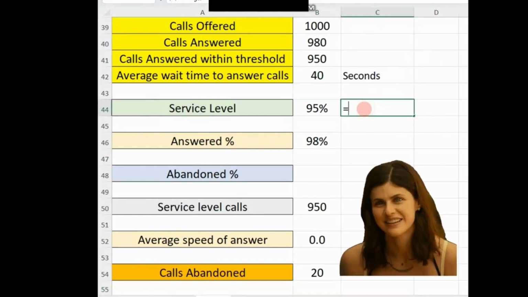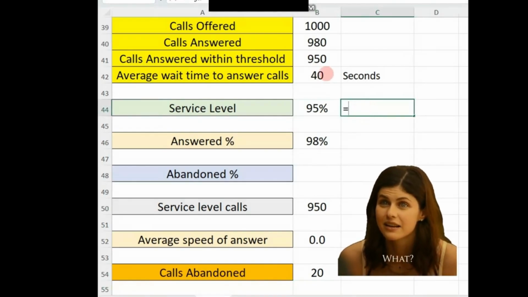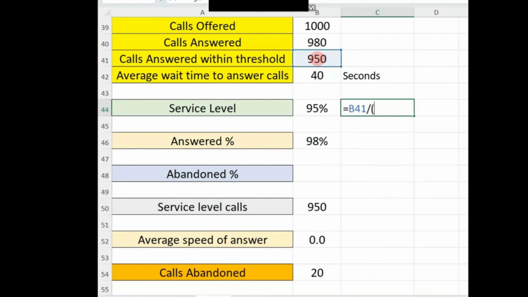So the second method would be your calls answered within threshold, which is 950, divided by bracket open, calls offered 1000 minus your abandoned calls, which could be short abandoned, bracket close, press enter, and then control shift percentage, so 97 percent. With the help of the second method, I hope you have understood all the questions which I have included in this video. I hope that is clear till now.